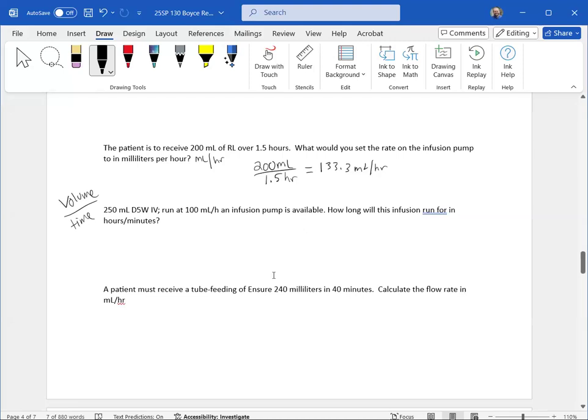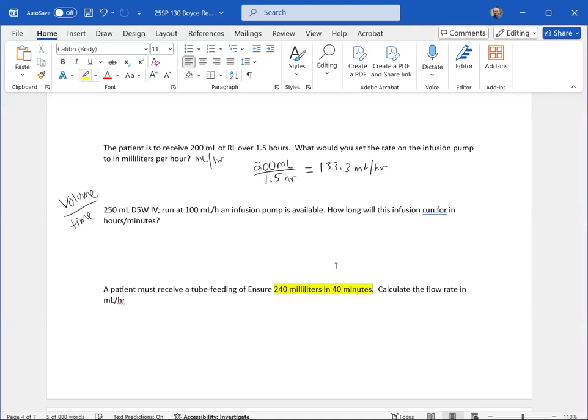A similar type of question is, instead of giving you milliliters per hour, they actually give you milliliters per minute. And so you're still wanting to know what the flow rate is in milliliters per hour, so you have to do some converting. You can do this a couple different ways. I'm just going to show you the way I would do this.